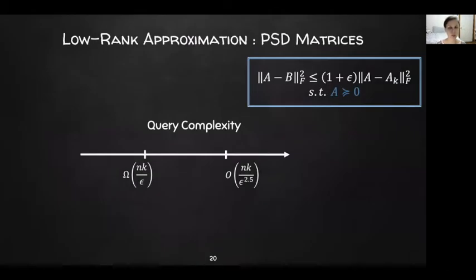To summarize these results, the picture looks as follows. Here we have the query complexity along the x-axis, and above this threshold of nk over epsilon to the 2.5, we have efficient algorithms. And below this threshold of nk over epsilon, the problem is impossible.